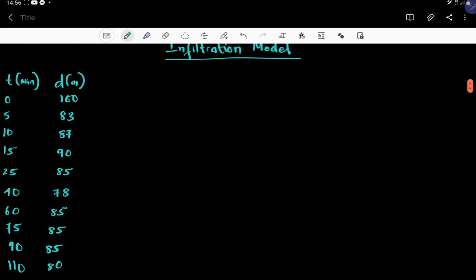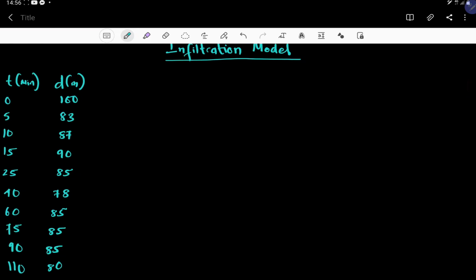So this is the depth that was maintained, right? After there is an infiltration, that much depth was measured. So this is not in fact the infiltration. Infiltration would be measured from the 100, because they are always maintaining the water level at 100. I'm representing infiltration in mm. So infiltration would be the depth 100 minus whatever the value is here. First one is 100 minus 100, which is 0.